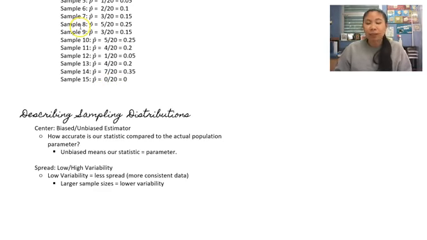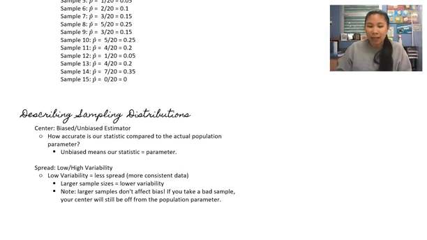One way to get lower variability is to have larger sample sizes. This is something we've talked about before. Larger sample sizes in general are better because when you take larger sample sizes, you're less likely to have crazy outliers that aren't balanced out by more normal people in your samples. One thing to note though is that larger sample sizes don't fix everything.